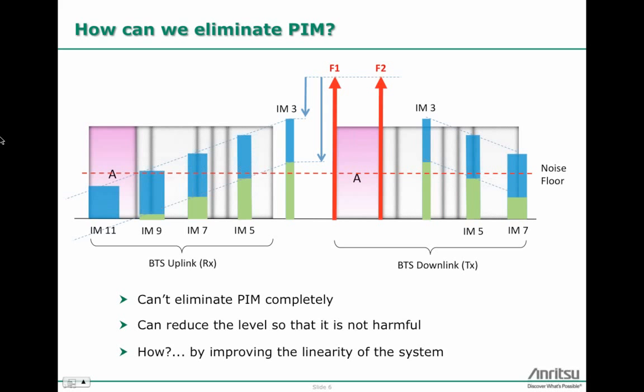So by improving the linearity of the system, I drive not only IM3 and IM5, but all the intermodulation products down. The concept here is if I can drive them below the noise floor in the range I'm trying to measure, then I've taken what was a harmful intermodulation product and turned it into a non-harmful product.